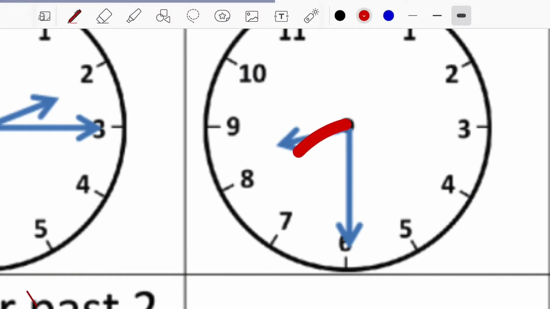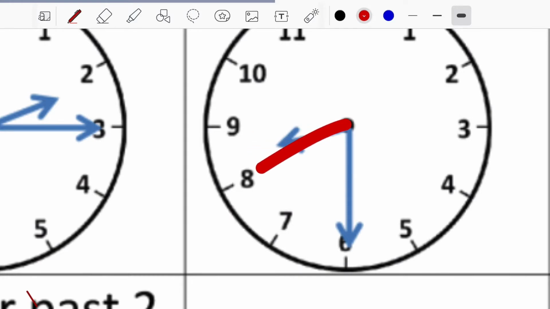So we will use the red as the hour hand. When it's 8 o'clock, meaning the hour hand is on 8 and the minute hand is on 12, the hour hand will start here. As the minute hand goes around the circle, the hour hand will go closer and closer to 9 until it reaches 9 o'clock.